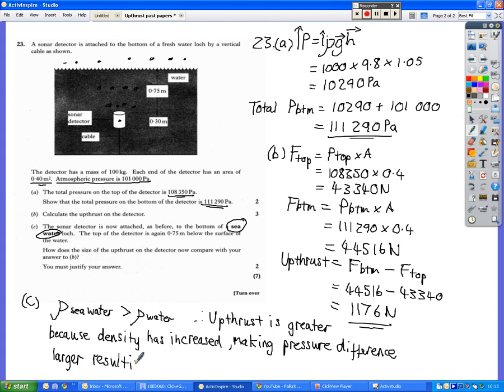And if the pressure difference is larger, that means the difference between these two forces is also going to be bigger. So the upthrust is going to be bigger too, resulting in a greater force difference, or greater resultant force would be fine as well.